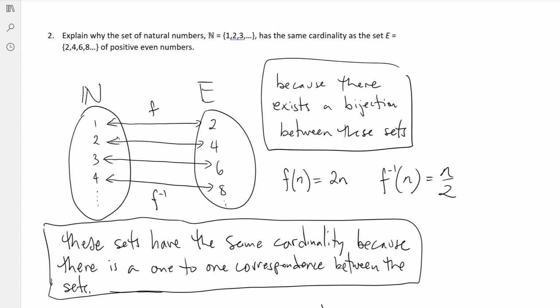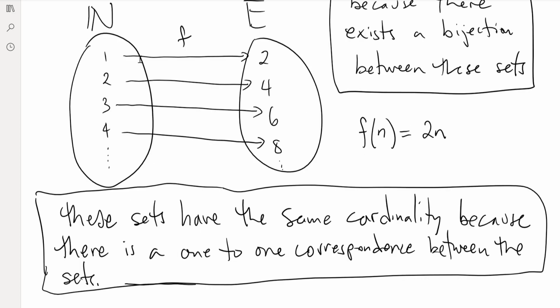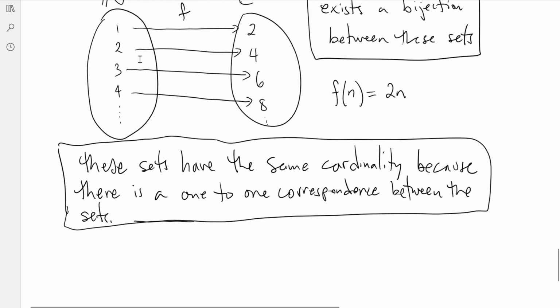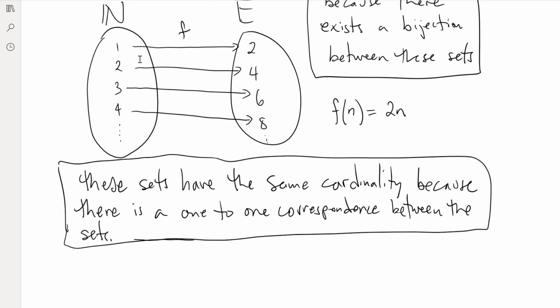That's what it means to have the one-to-one correspondence: to have an injective and surjective function between the two sets. So we're essentially saying that the size of the set of natural numbers is the same size as the set of evens, which is kind of interesting because the evens are a proper subset of the natural numbers.